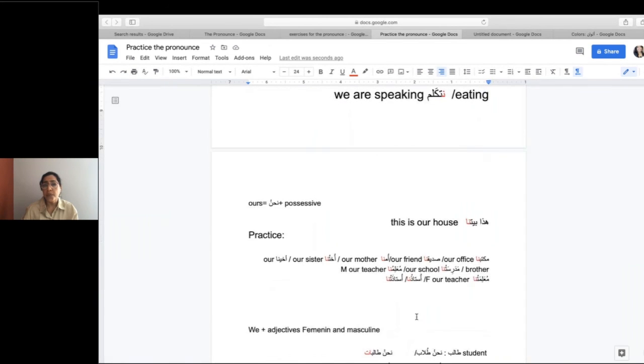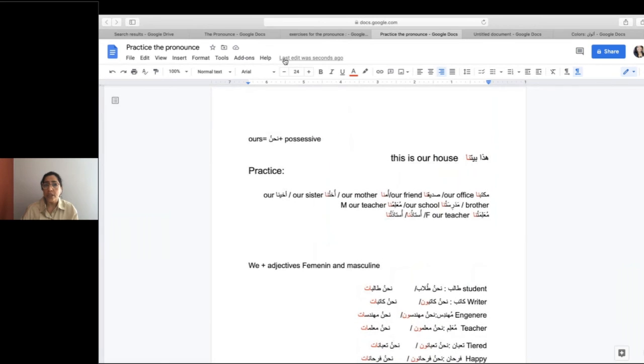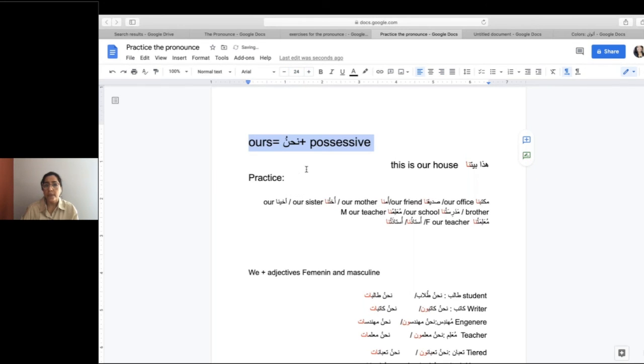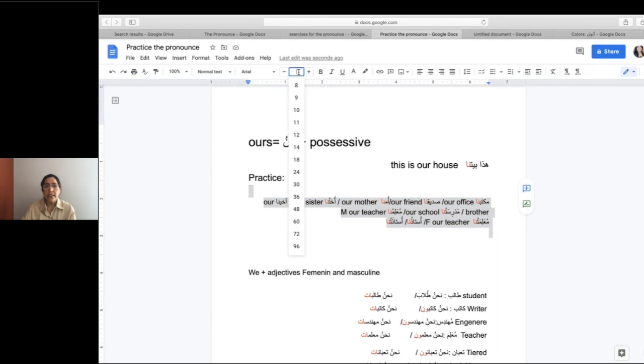And here, if you want to practice the ownership, the possessive, ours, this thing is ours. So هذا بيتنا, this is our house. The noon alif, ours, بيت, it's house, and this is هذا. And here you're gonna do the same. You're gonna practice them using these things.